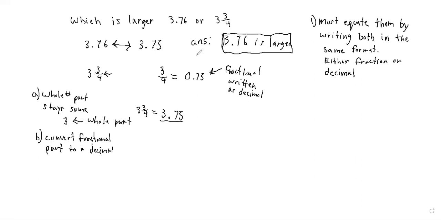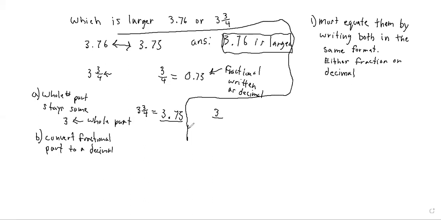So that's it. Now we could have gone the other way and converted into fractions, right? So we could have kept the 3 3/4. What we just did was all decimal portion, so this was decimal comparing.